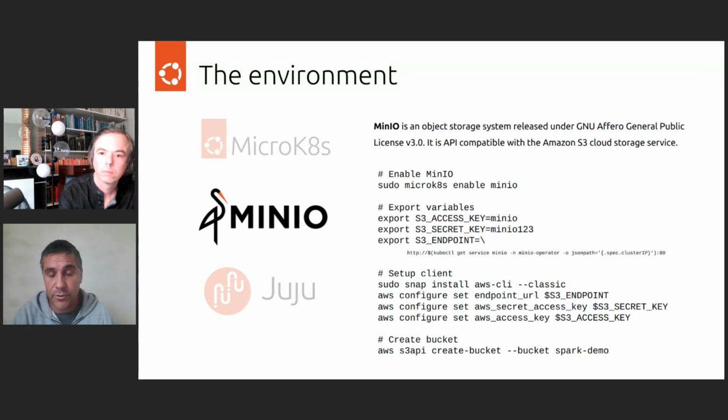We can get the access key, the secret key, and the endpoint, and configure a client CLI with these credentials that we can also use to create a simple bucket, where, as you will see, we are going to store our data.